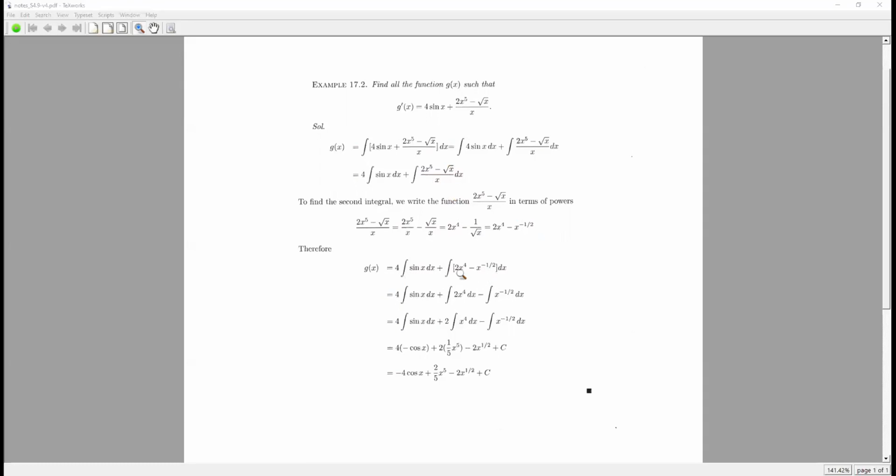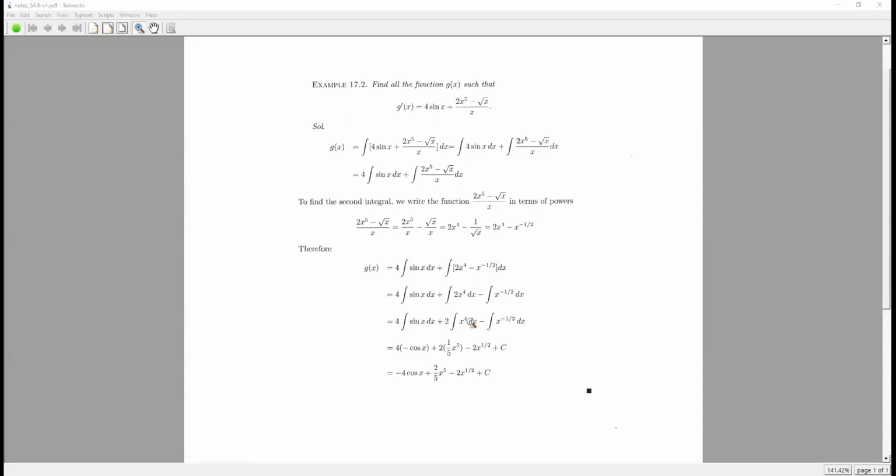Now I apply the difference formula to this integral. Then I get this difference. The constant 2, I move it out. Then I get this. Now it's easy to tell the antiderivatives of these three integrals. Sine's antiderivative is negative cosine.